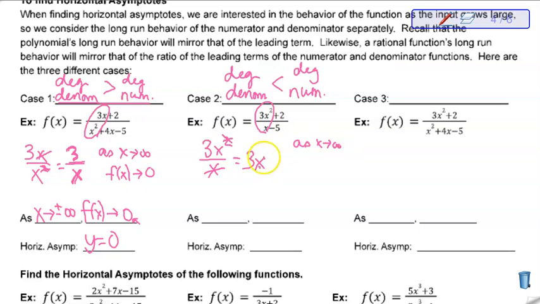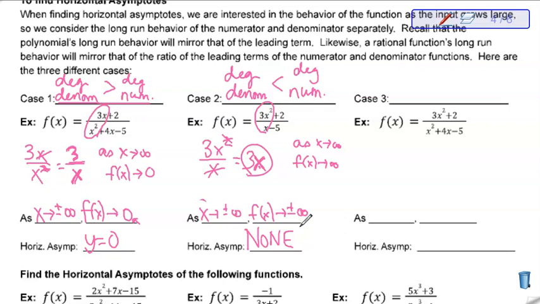If I throw positive infinity in here for x, this number gets very, very large. f of x goes to positive infinity. And if I throw a negative infinity in here, it'll go to negative infinity. f of x then goes to plus or minus infinity. Now, in this situation where they're both infinities, where the degree of the bottom is smaller than the degree in the top, there are no horizontal asymptotes. This is actually a case where we have what we call oblique asymptotes, when the numerator in the top is bigger.